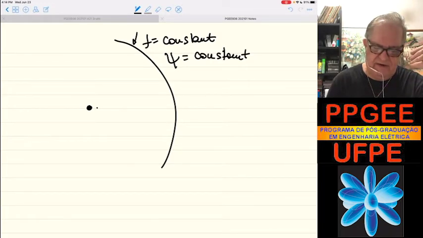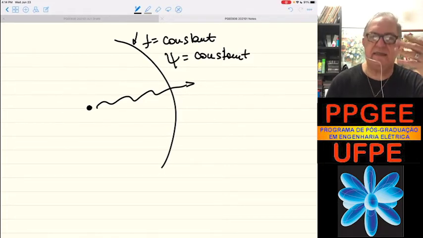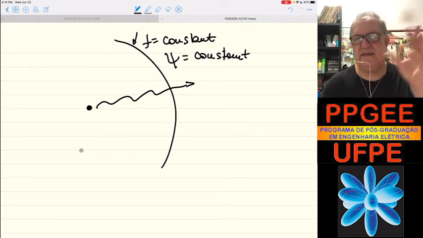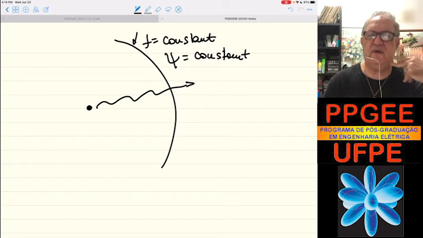If we are propagating away from the origin, besides the dependence on f, it has to change as the inverse of the distance. Because if we're talking about the field, the Poynting vector goes with the square of the field, and the square of the field goes with 1 over r squared.